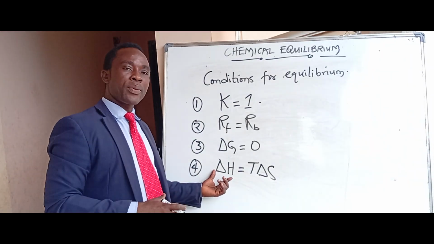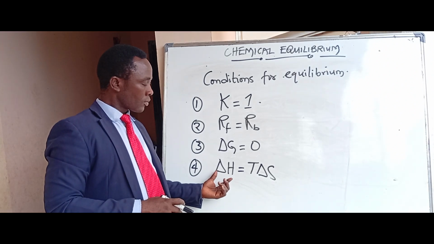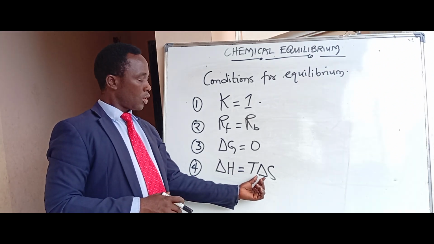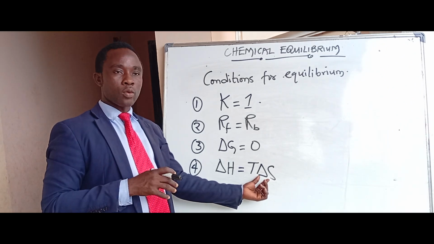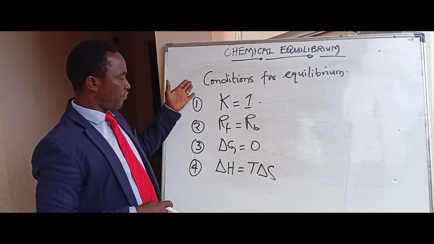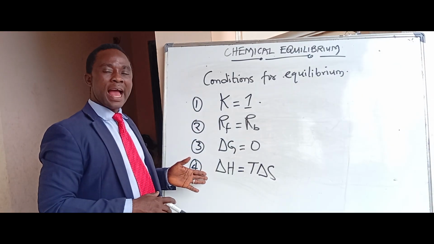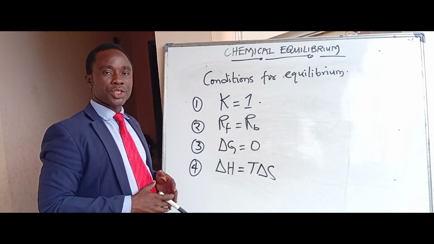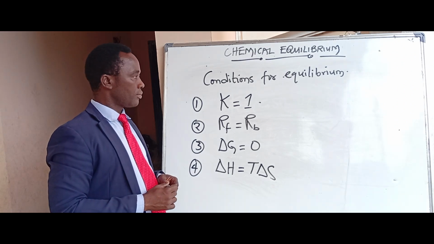If these 4 conditions are established, we can say that a chemical reaction is in equilibrium.